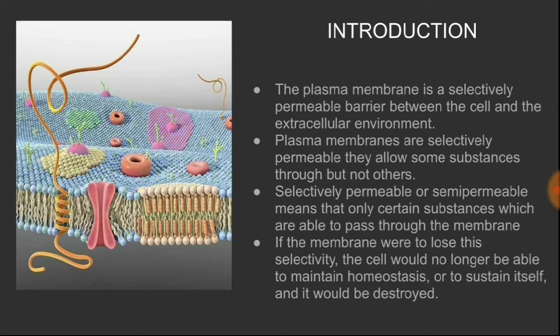So what is a selectively permeable barrier? It allows only selected particles inside the cell. It is called selectively, and permeable is what allows things through the barrier, called a permeable barrier.